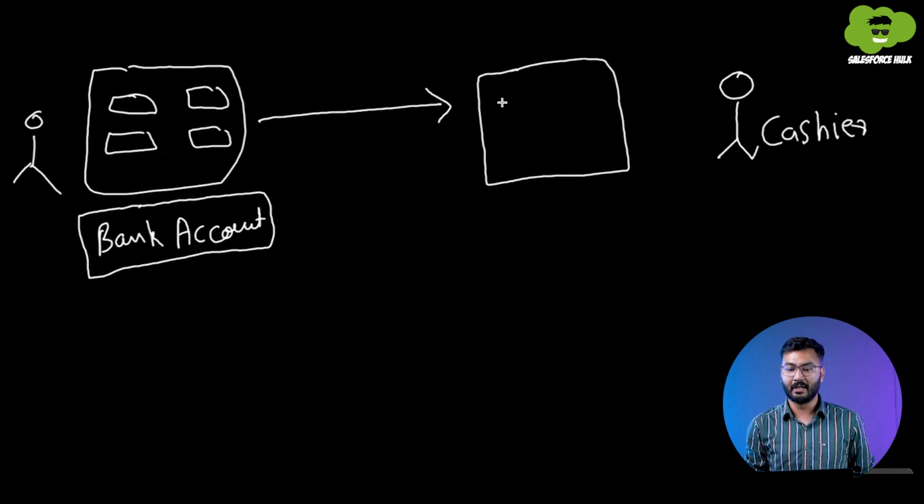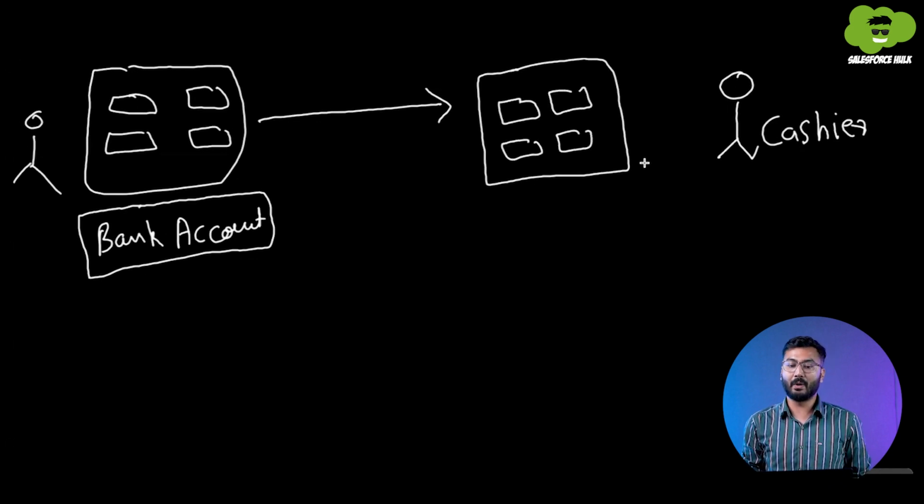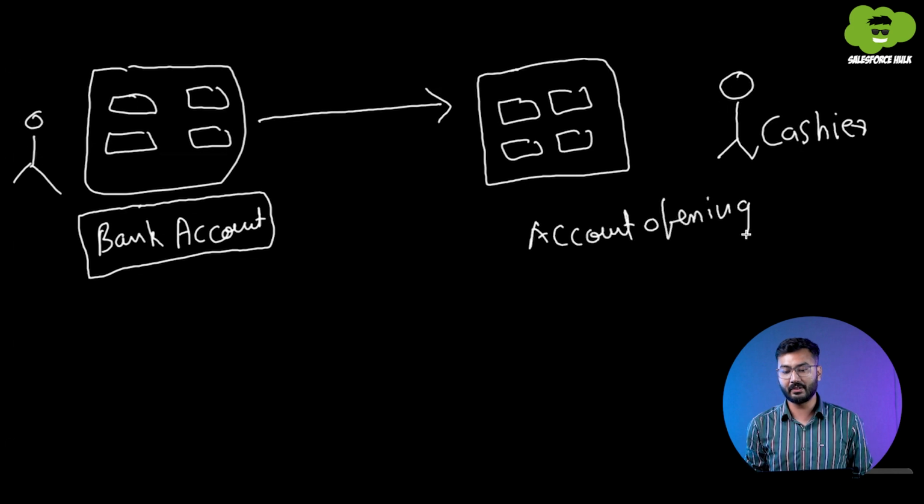A particular cashier. Now the cashier will fill in the necessary information for creating the transaction record, and it will be automatically linked. Once the cashier is done with this stage, that you can call the account opening stage, it will be marked as completed.